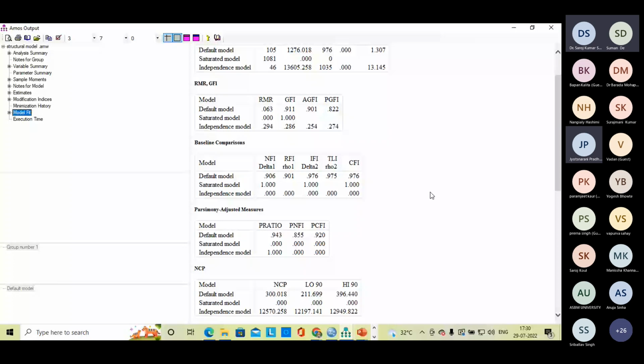But almost all books say the chi-square value is sensitive to sample size, so in most cases it becomes significant, although it is expected to be insignificant. Almost all important fit indices are significantly better than the standard value. So the structural model is fitting.